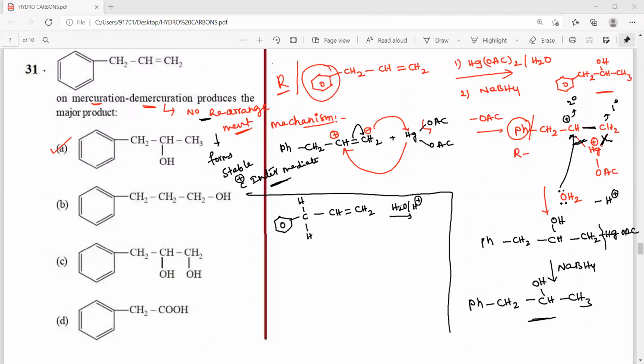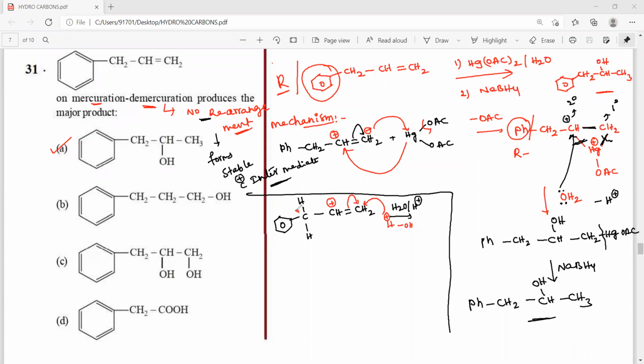Then what is the product? The hydrogen and OH group, H plus is positive, and according to Markovnikov addition reaction, it will be added at the double bonded carbon containing more hydrogens and produce a carbocation intermediate.